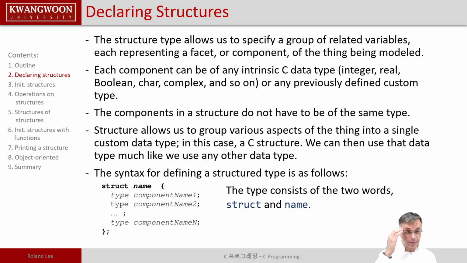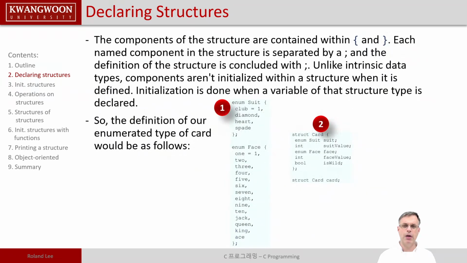So the syntax for defining structures would look like this: struct name, type component name 1, type component name 2, and so forth. The type consists of two words, struct and name. The components of the structure are contained within the curly brackets.